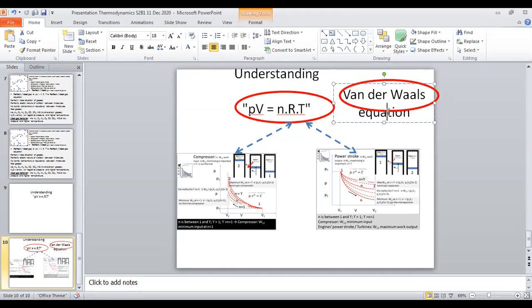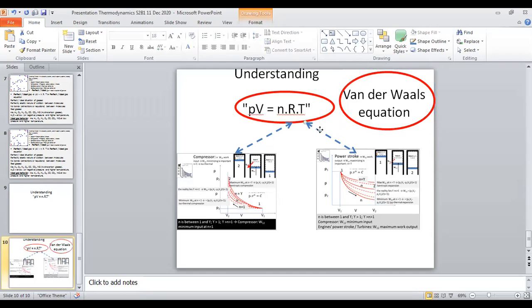When you understand PV equals nRT, you can use the improvement of that for actual gases, meaning with bonds. That's other knowledge.